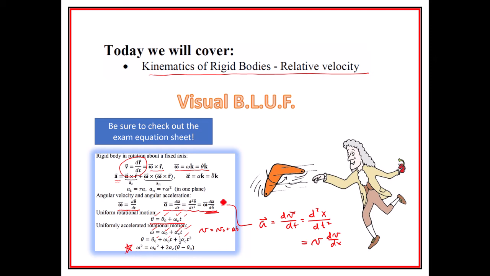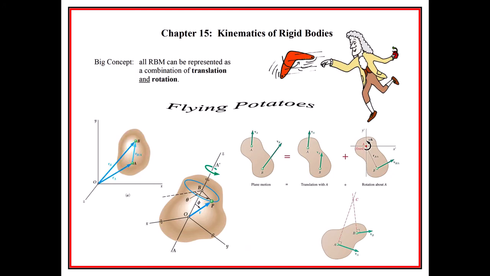This comes from integrating that type of acceleration, and we find that the final angular velocity squared equals the initial angular velocity squared plus 2 times the angular acceleration times the change in angular position. So that's what we want to know from the equation sheets, and that's the bottom line that we're trying to get from this class.